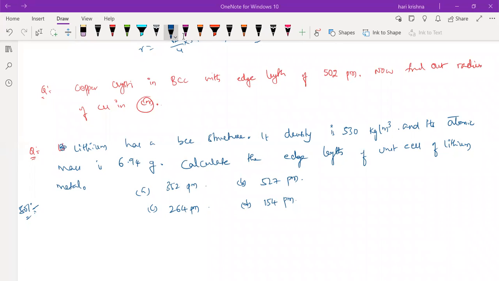What about others? Yeah, Om Naidu, your option is also correct.